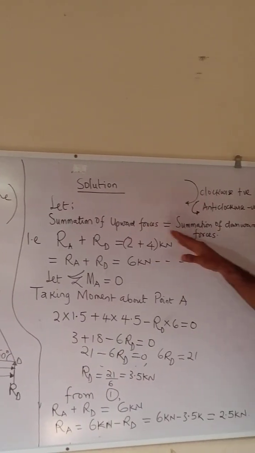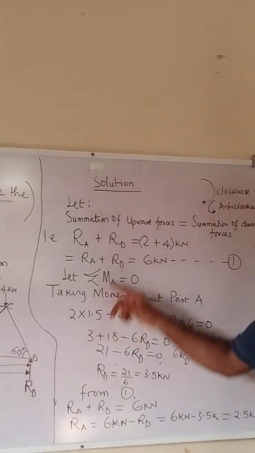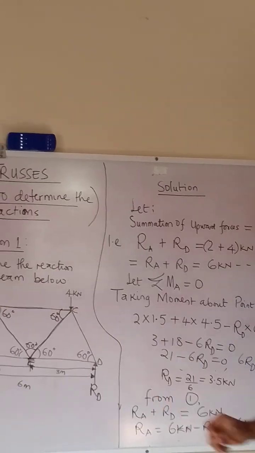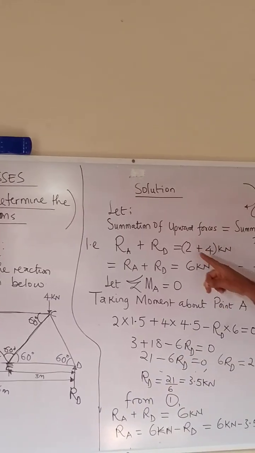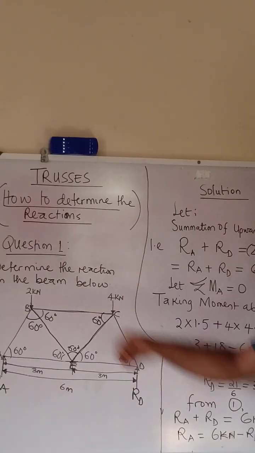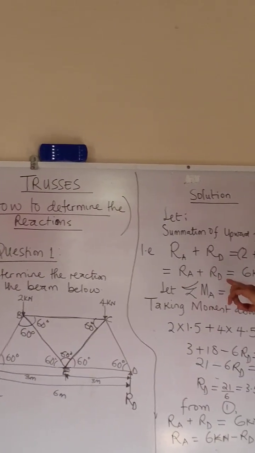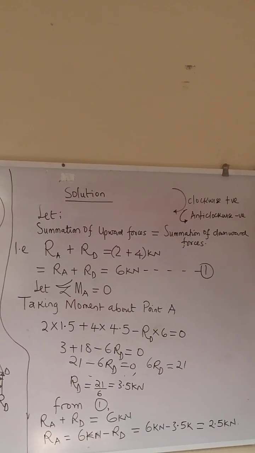Implementing this, we have RA plus RD, the upward forces, equal to 2 plus 4, the downward forces. When we sum that out, we have RA plus RD equal to 6 kilonewton. We call that our equation 1.